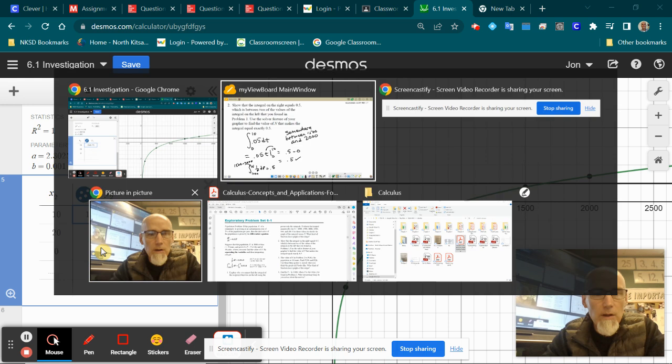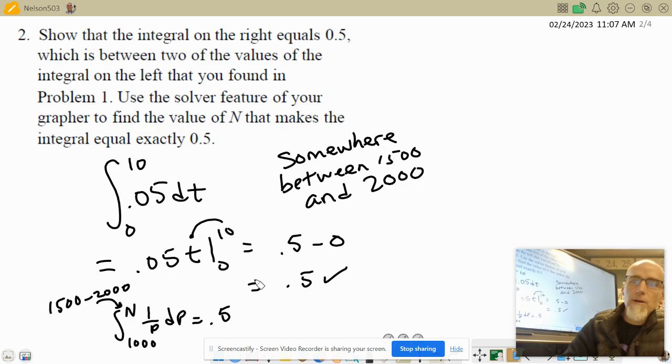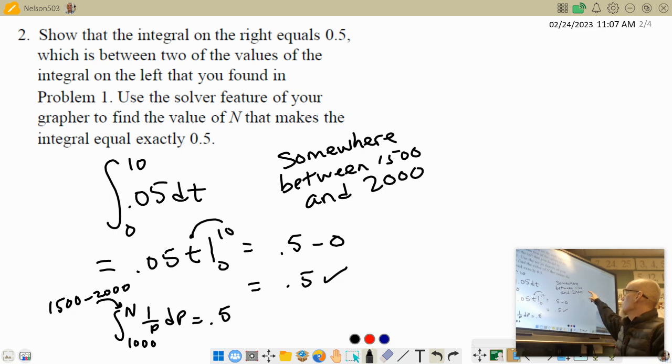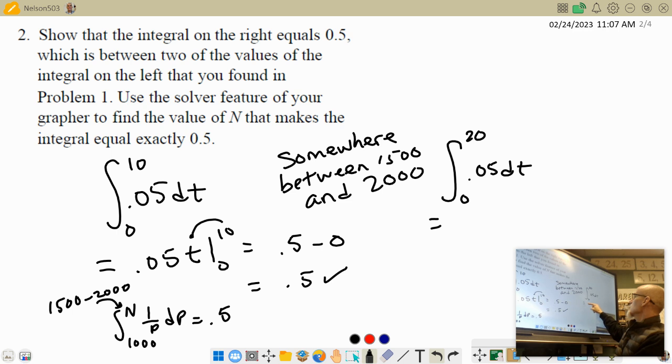So what that means is I need to go back over here and I need to do an integral. So I'm going to go an integral from 0 to 20 of 0.05 dt, and that comes out to be 0.05 t evaluated from 0 to 20.